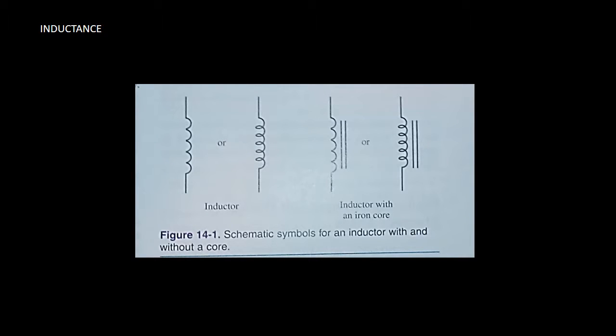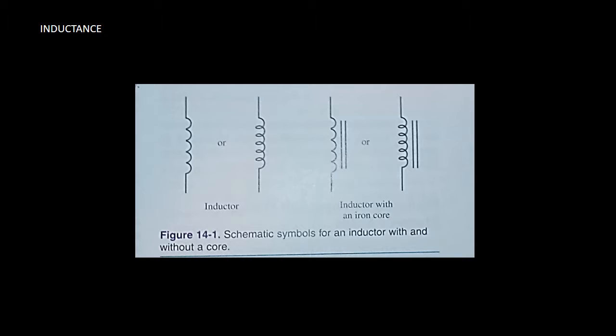Inductance. Inductance can be defined as the property in an electric circuit that resists a change in current. This resistance to change in current is the result of the energy stored within the magnetic field of a coil.